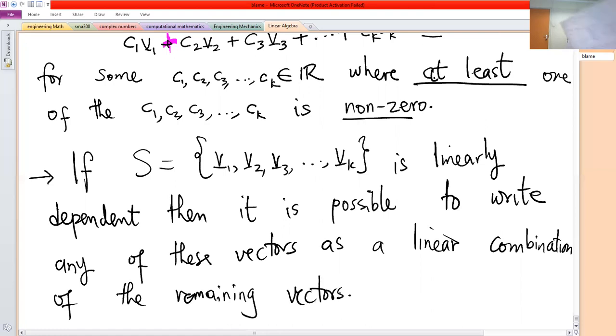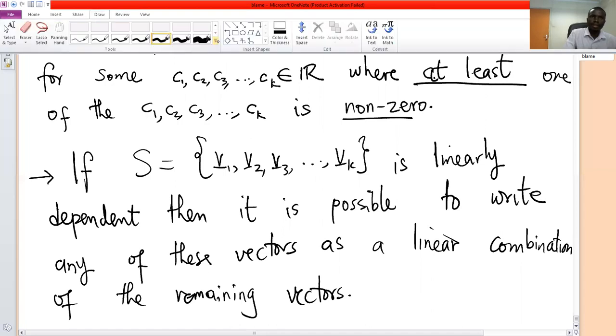That's what we need to note. And then let's give the definition of linear independence, and then we'll do some examples.